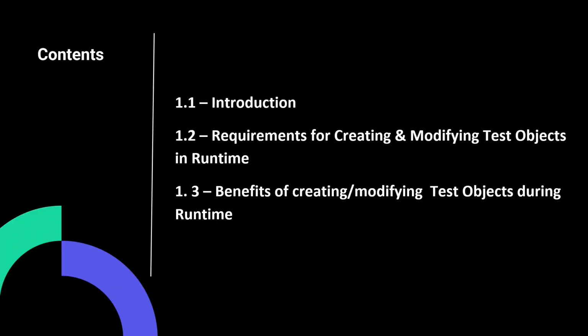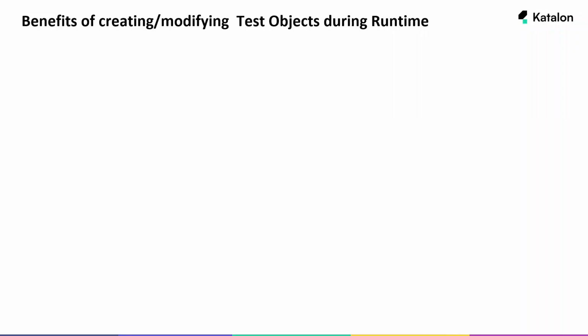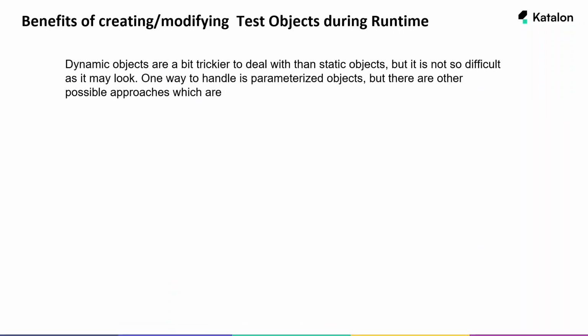As part of section 3 in chapter 1, you learn what all the different benefits are of creating and modifying test objects during runtime by using Katalon Studio. Dynamic objects are a bit trickier to deal with than static objects, but it is not as difficult as it may look.